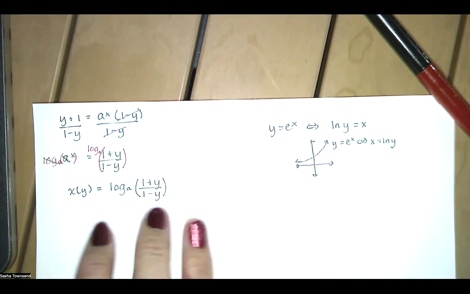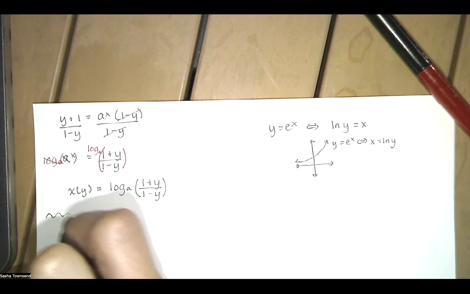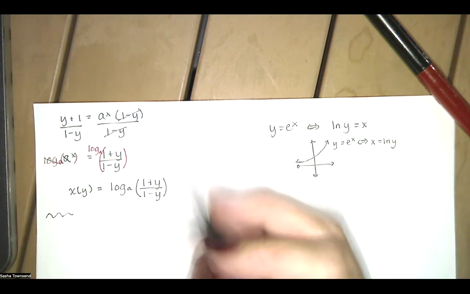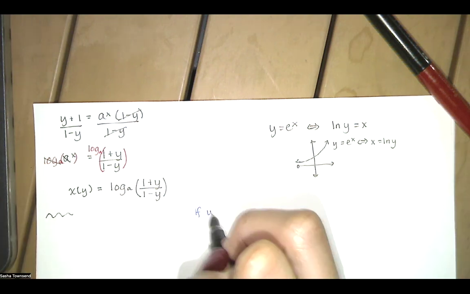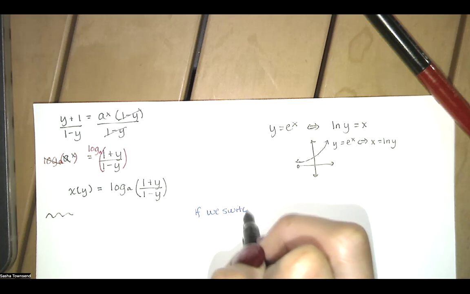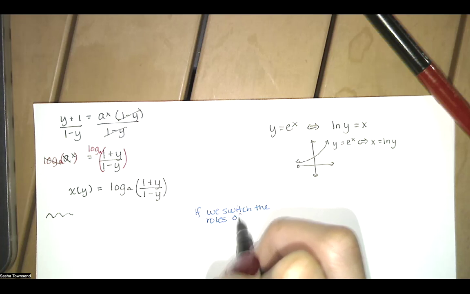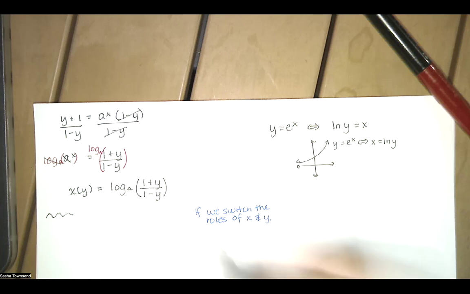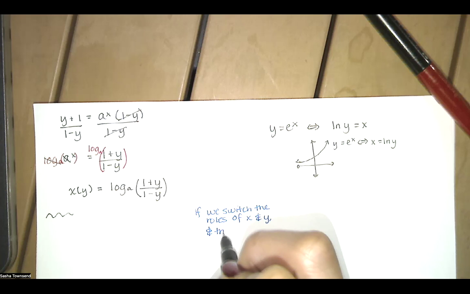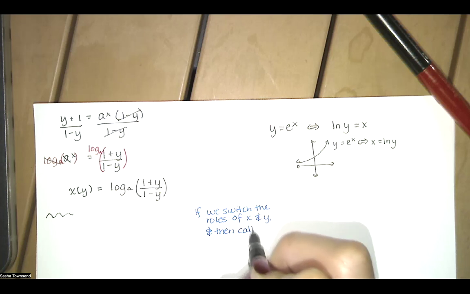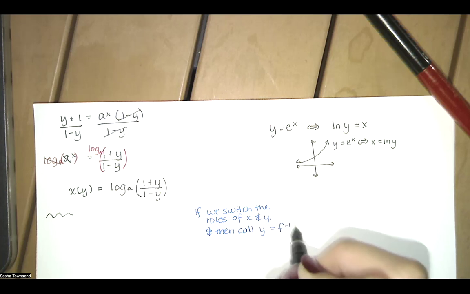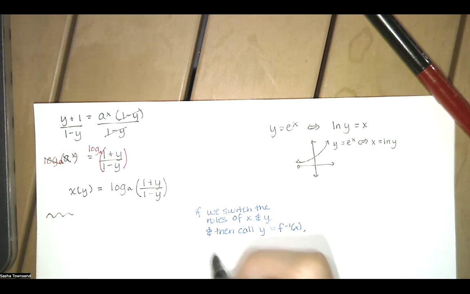Now, that's almost my inverse function. If I switch the roles of x and y, and then call the new y f inverse of x, then we've defined an inverse function.